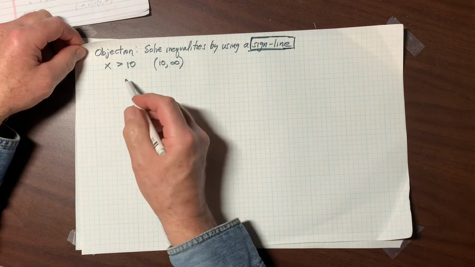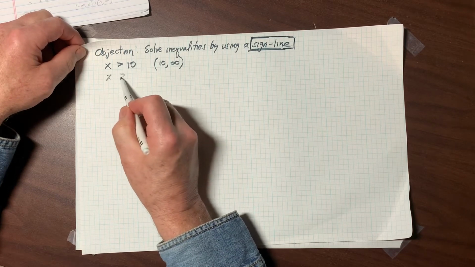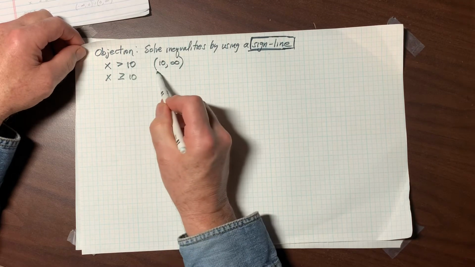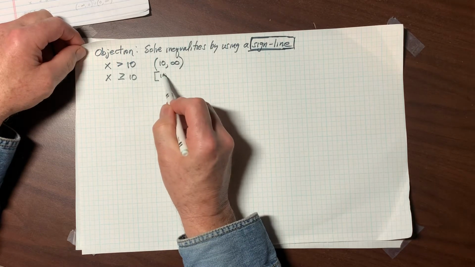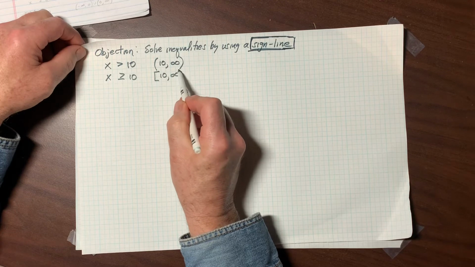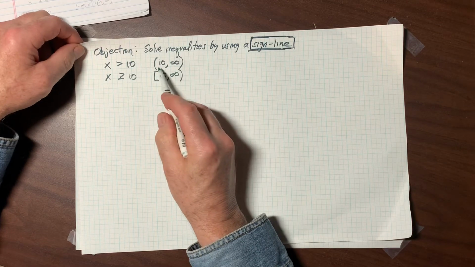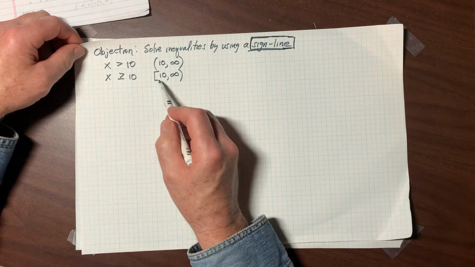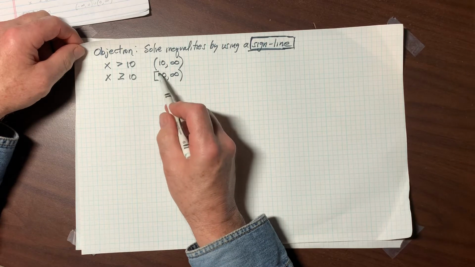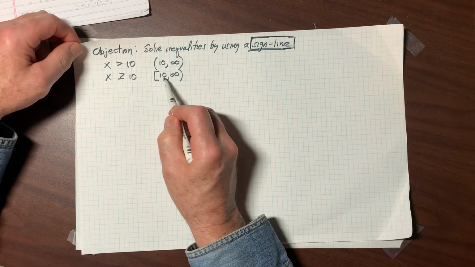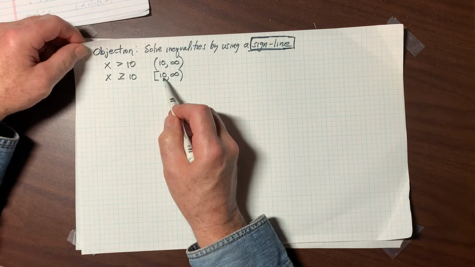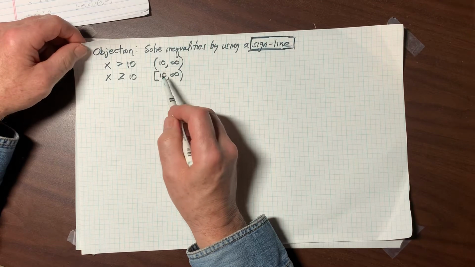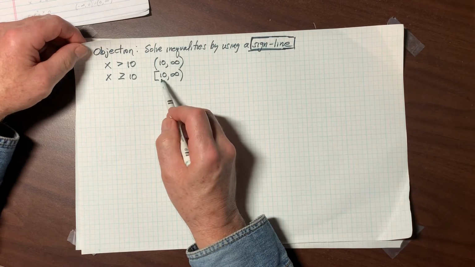Now, if this had been x is greater than or equal to 10, then we're going to use the square bracket here. Be aware that the parenthesis is an exclusionary type symbol, while the square bracket is an inclusion type symbol. In other words, with the square bracket, you're saying that number 10, which is at the end point of the interval, is part of the set, part of the solution.